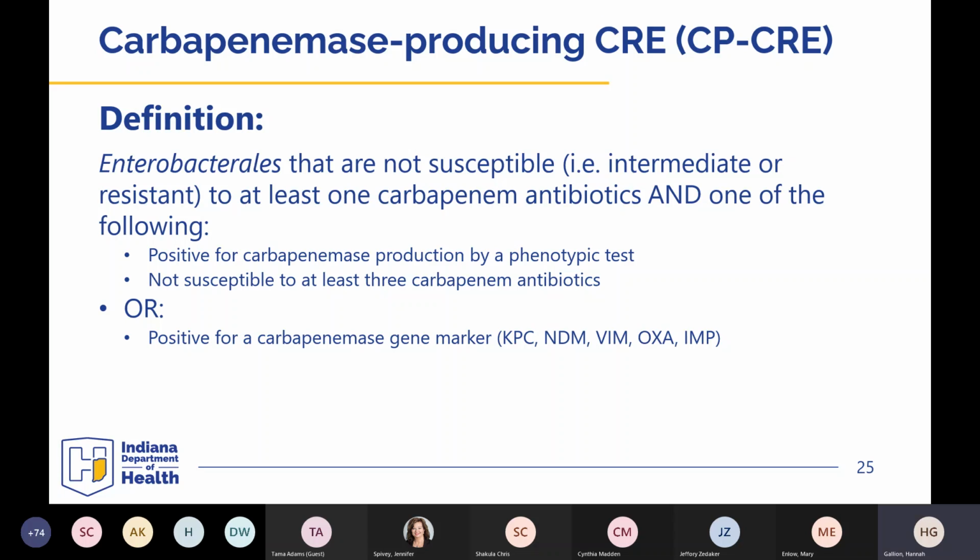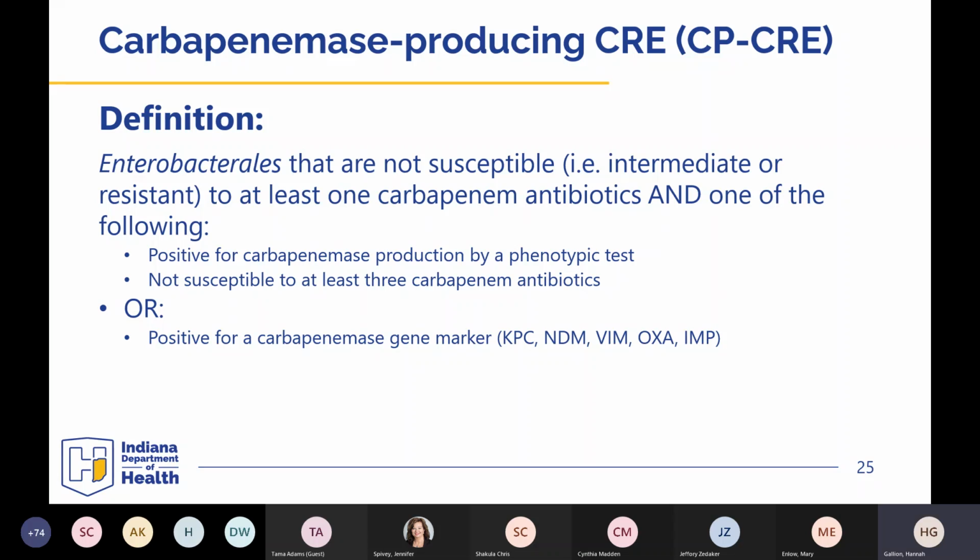In order to determine if a CRE is carbapenemase producing, labs can run two different types of tests, either a phenotypic test or a genotypic test. Phenotypic test examples include a modified Hodge test or a modified carbapenemase inhibition method, or mCIM test. These will result in either a positive or negative result.